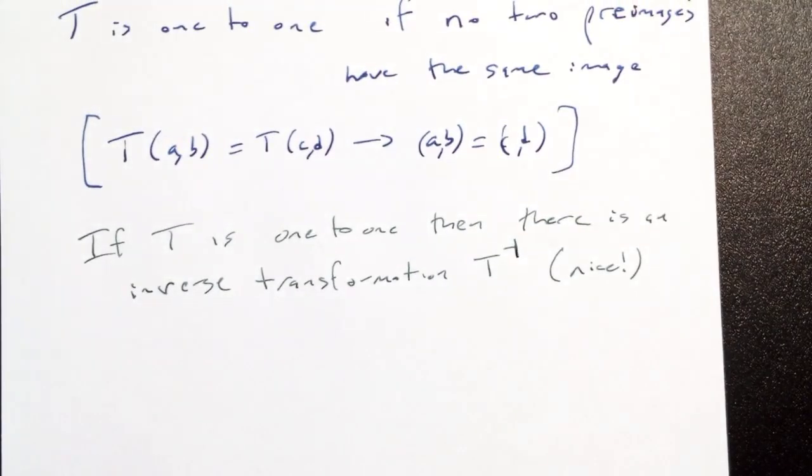Inverting my transformation is a nice thing, but not all transformations have inverses. I'm going to want to use ones that do sometimes, and then sometimes I'm just not going to care.